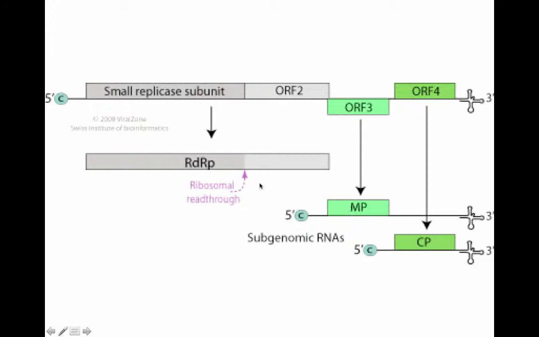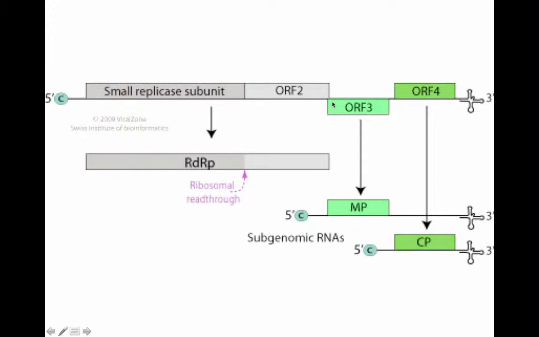The next thing that we have, once we've replicated, is now that we have the minus sense RNA, and some of those minus sense RNAs are short RNAs here, subgenomic RNAs. This open reading frame 3 is actually on the minus sense strand.